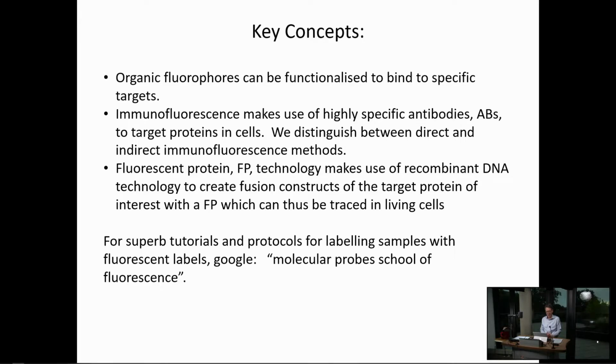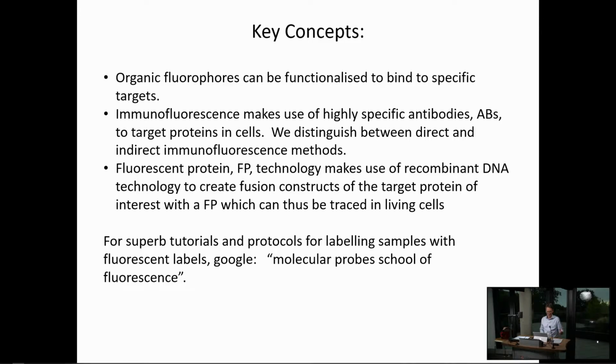We will talk about the concept of immunofluorescence, using antibodies to target proteins inside cells. And we will talk about 2 different types. One is called direct and the other indirect immunofluorescence. And we will see what that means and what the advantages are.